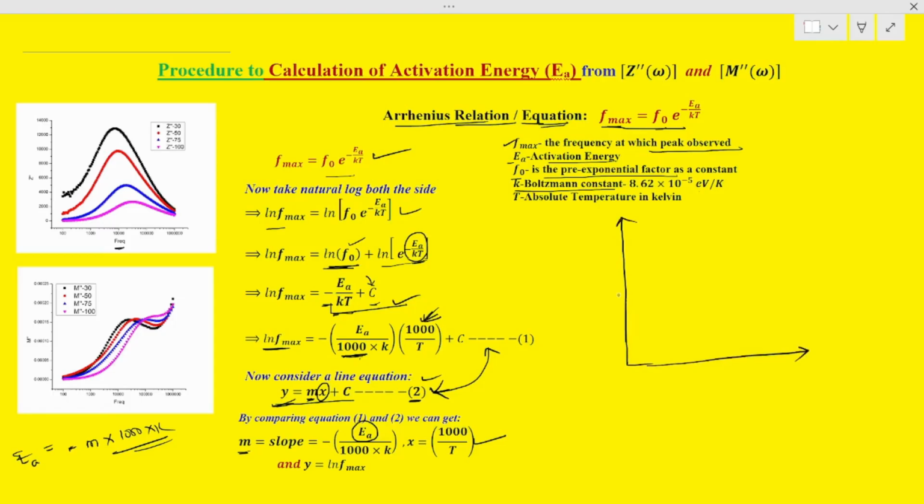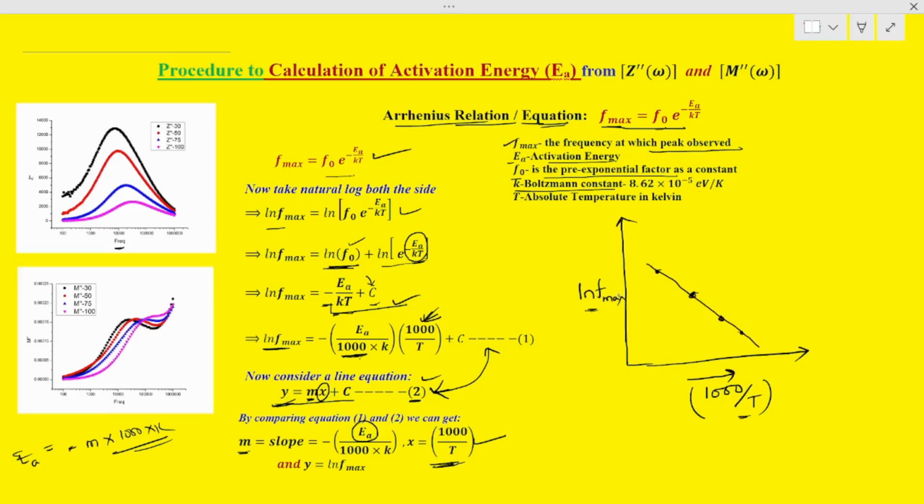Okay, what we have to do in the Origin software is take, along the x-axis, 1000 by T, and along the y-axis, ln F max. So for each 1000 by T we can get an ln F max data point like this. By using the Origin software, if I fit these data points, it will automatically be fit by linear fitting, which we are going to discuss in the Origin platform.